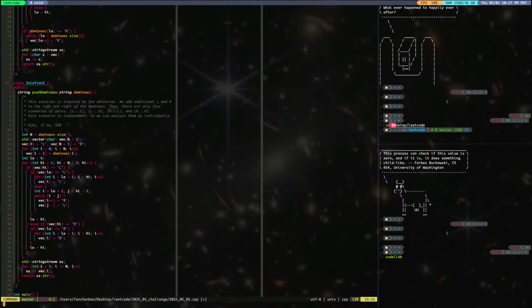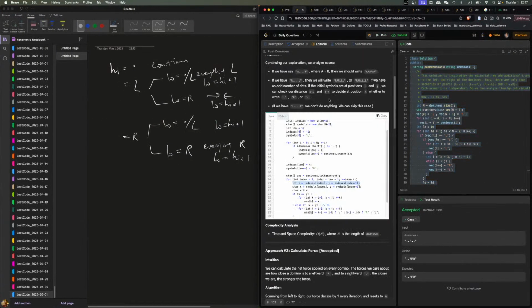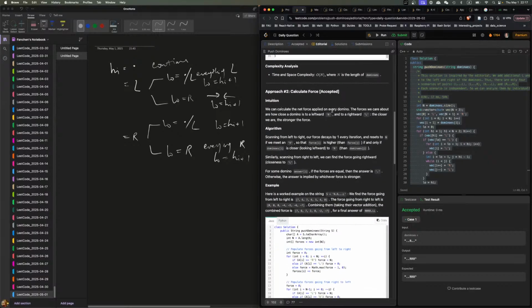Alright, I want to also read the other one. Calculate force. Oh, net force applied. How close is it to a left and a right? The closer we are, the stronger the force. I kind of remember this. So we find a force from left to right, 7.